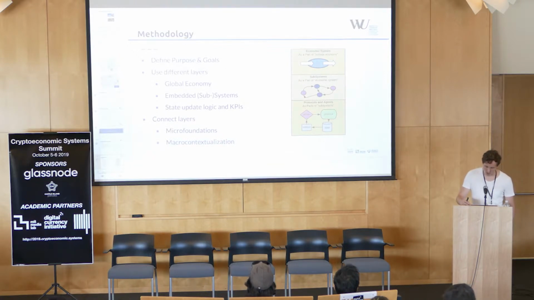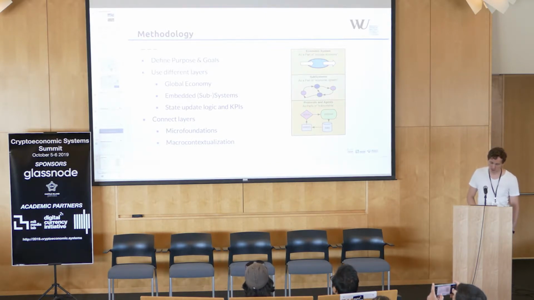So which methodology can we apply? What we needed to point out in conversations with the client was that we need to take at least a three-layered approach. So we need to understand the economic system as a part of the outside economy. Whatever service economy they want to build, they need to understand how it is embedded and how it interacts with the outside world, may it be other crypto projects or the real world.